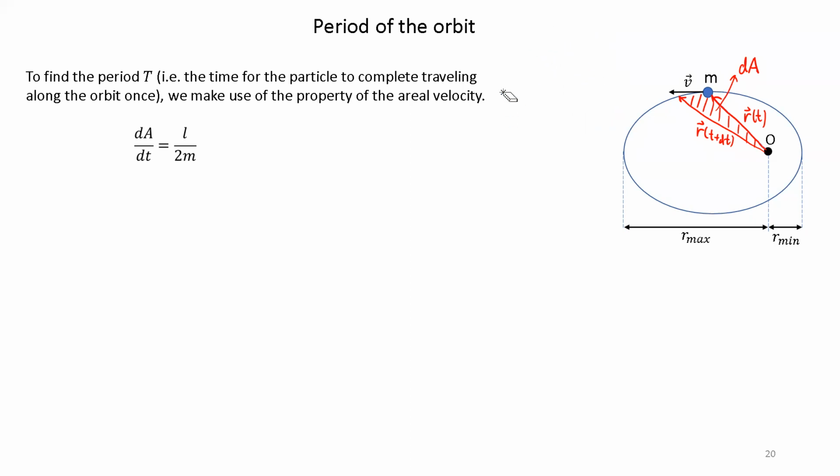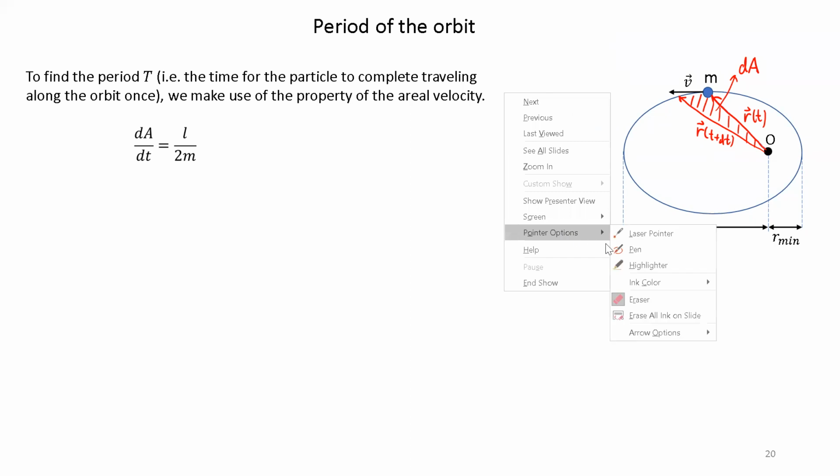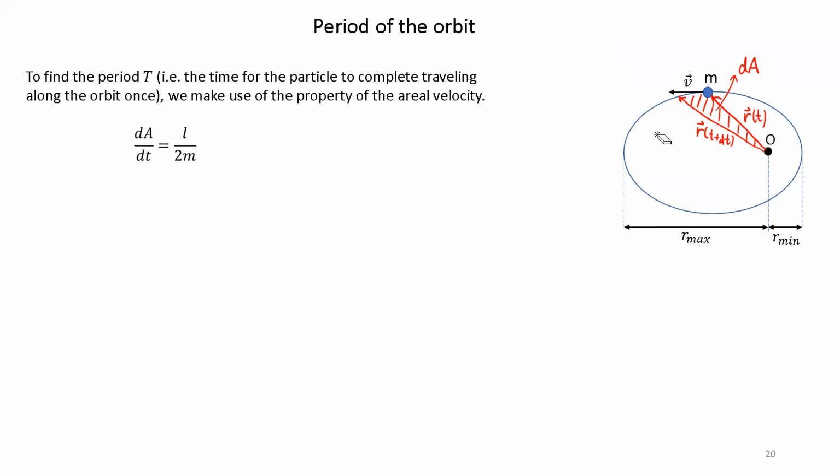What you could imagine is that if this particle keeps going, this r vector will eventually sweep out the entire ellipse, which is the whole area of the ellipse itself.